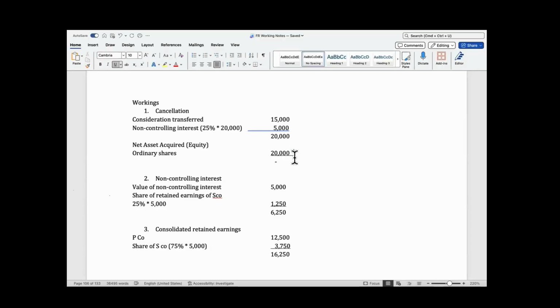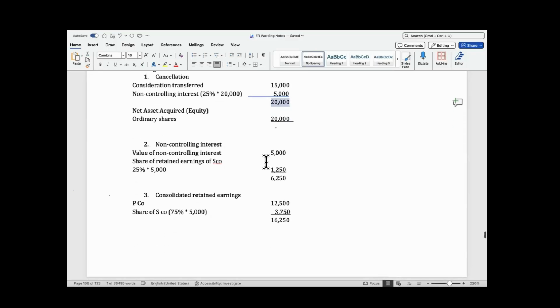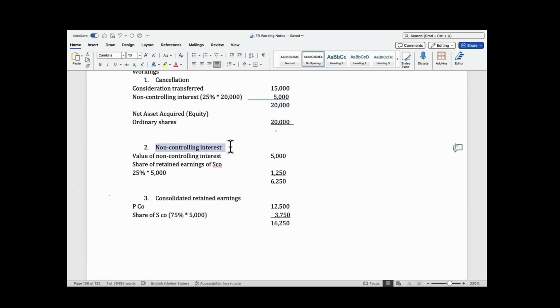That's how you do the cancellation, just so that you are comparing like with like. So this NCI, which is the part of the share capital of the subsidiary that we did not buy, is owned by outsiders that we call NCI. We need to put it in. We want to see that.